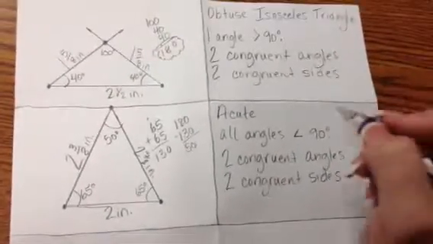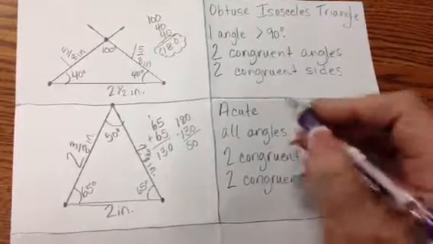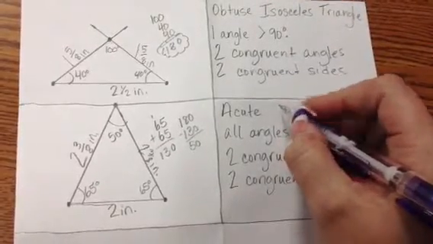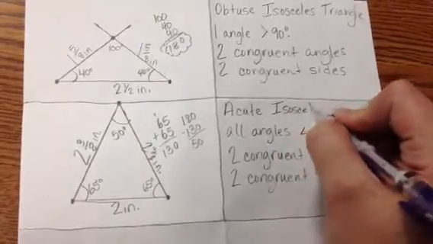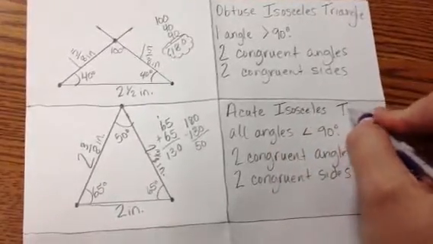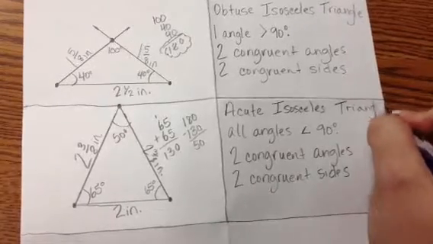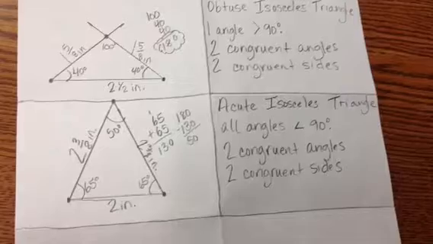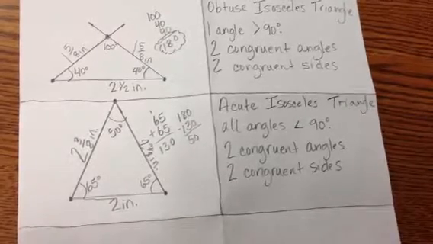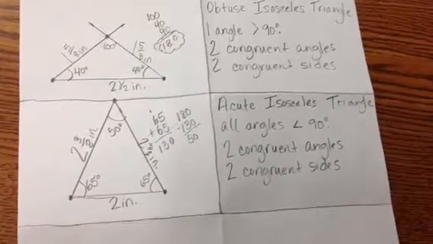So his middle name, gosh, I hope you guys said isosceles. Isosceles. And his last name is his family name. This is an acute isosceles triangle.